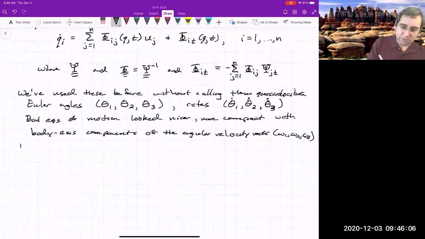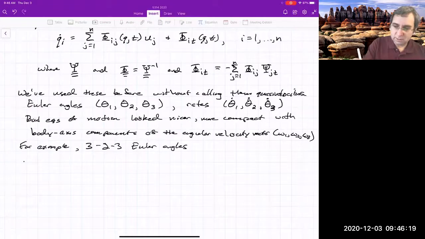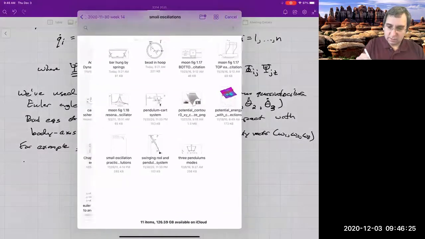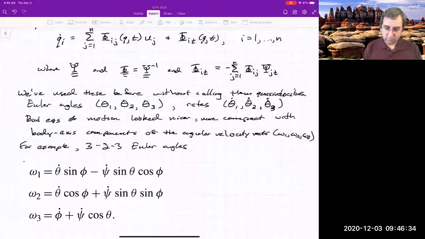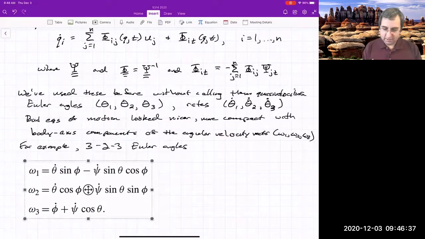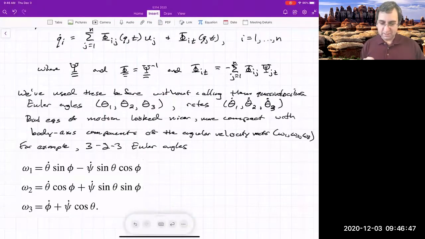So if you remember, for example, for the 3, 2, 3 Euler angles, we would write these body fixed components of the angular velocity vector in terms of the Euler angles and their time rates of change.